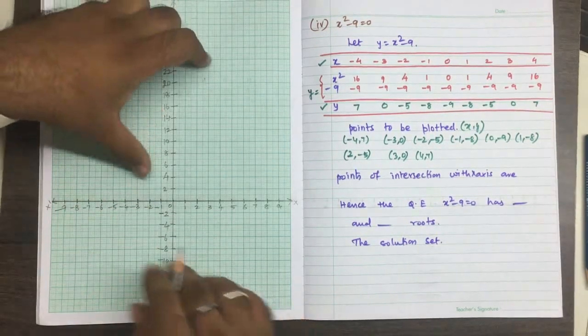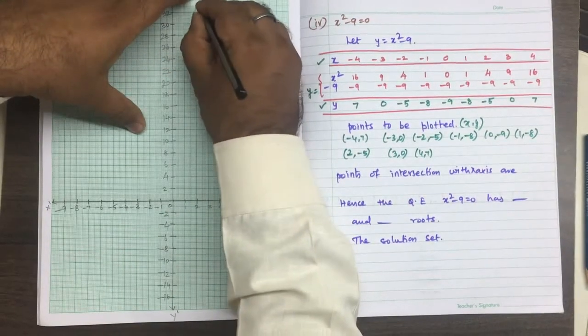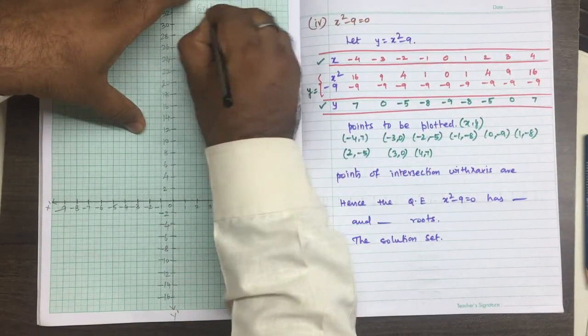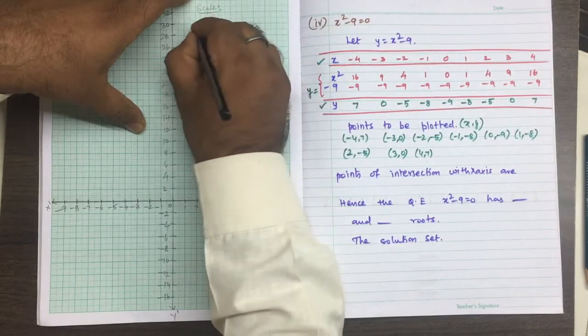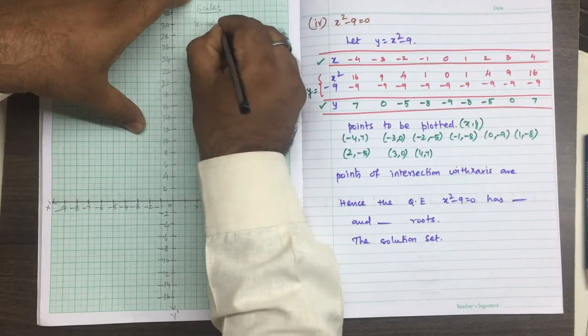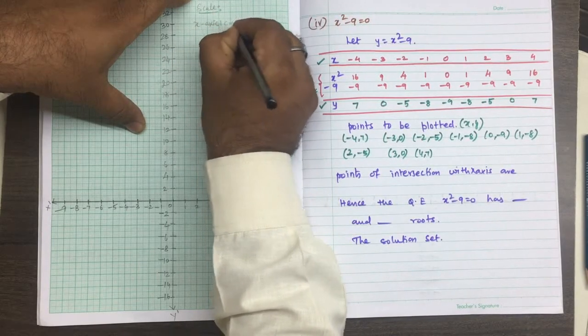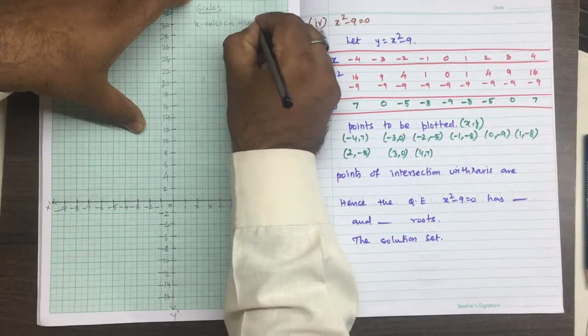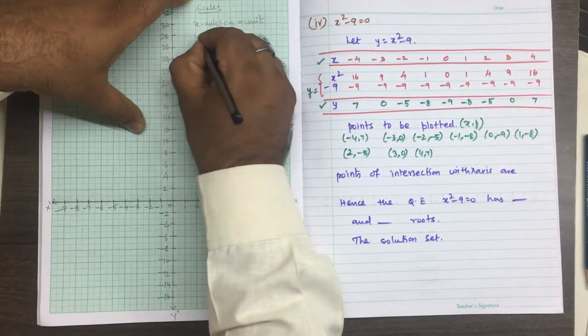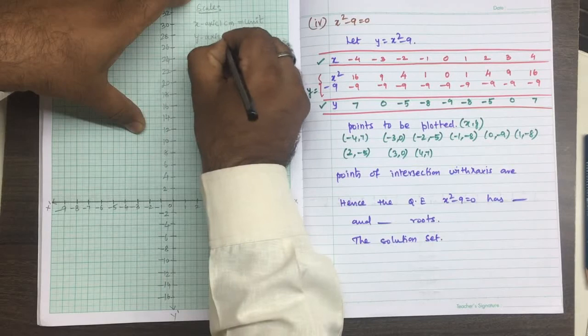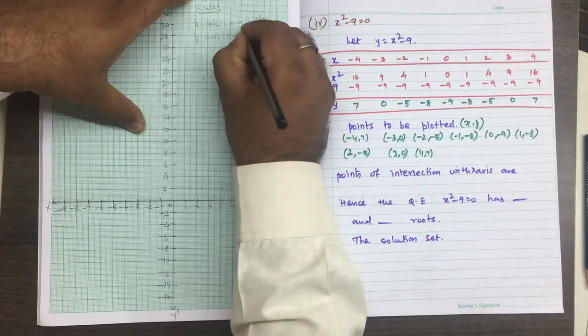We have to decide the scale for the x-axis and y-axis. Here in the x-axis we have taken 1 centimeter equal to 1 unit, and on the y-axis 1 centimeter is taken as 2 units.